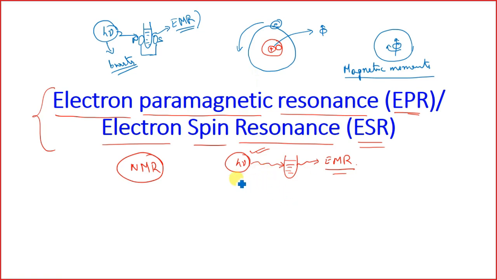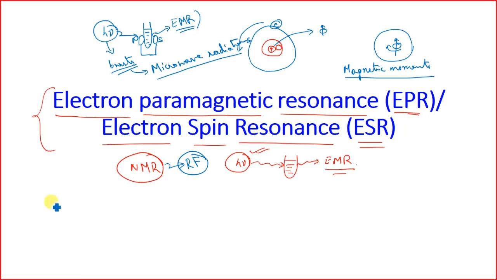Now there is a difference between the EMR used in NMR. In NMR, RF radio frequency electromagnetic radiations were used for the analysis, whereas for the electrons, microwave radiations are used for EPR or ESR spectroscopy.